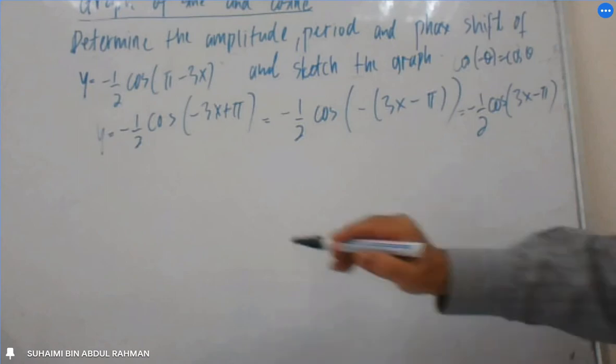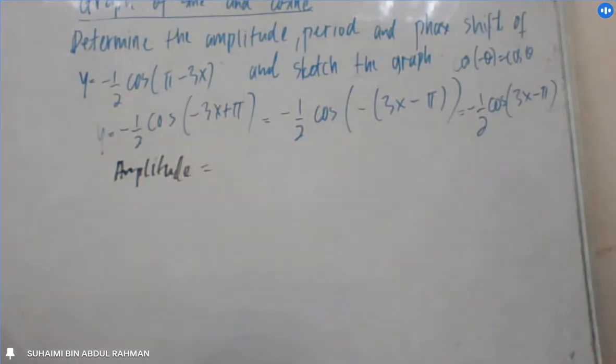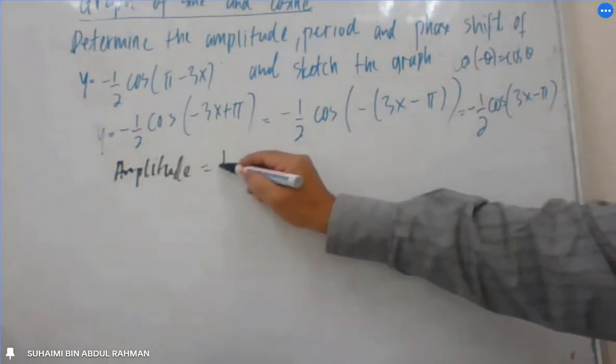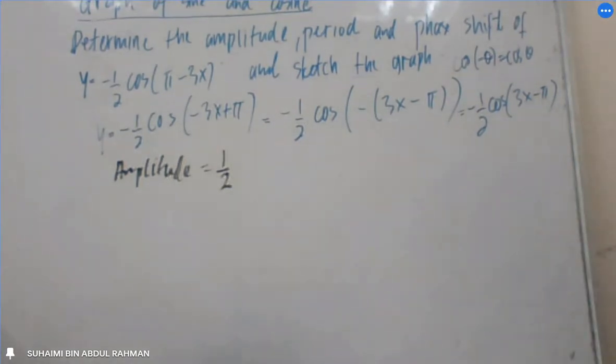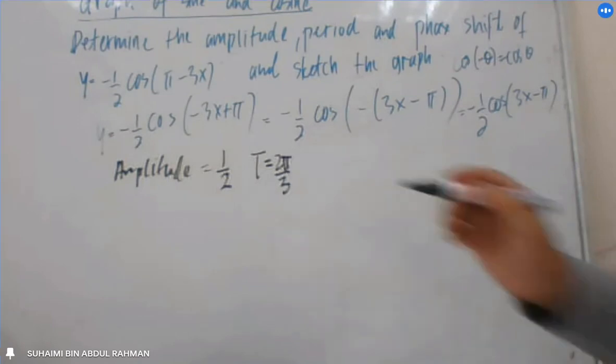From that, find the amplitude: 1 over 2. Period: 2 pi over 3.